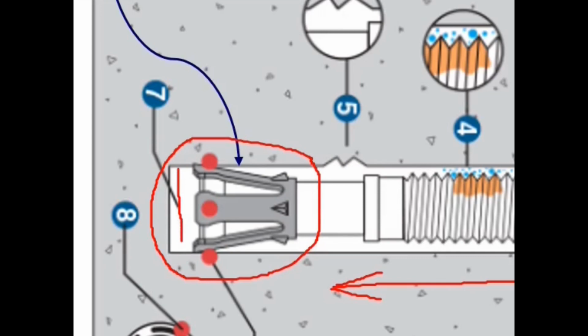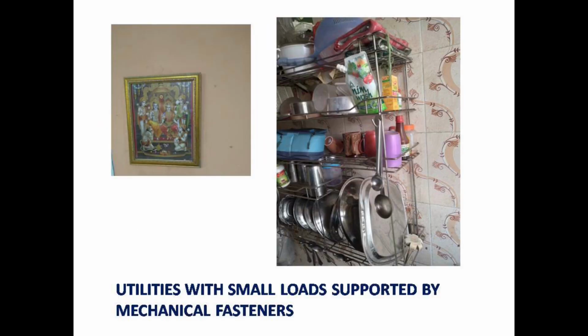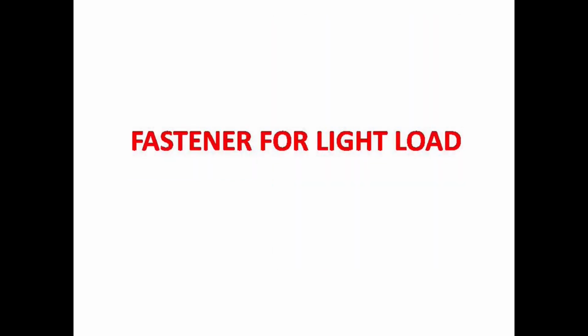The load bearing starts with this interlocking and the friction between the sleeve and the construction base. So this is how a mechanical anchor works. We will further illustrate with a common household example, when we fix light utility loads like a photo frame or a bookshelf rack to the wall with the help of fasteners.